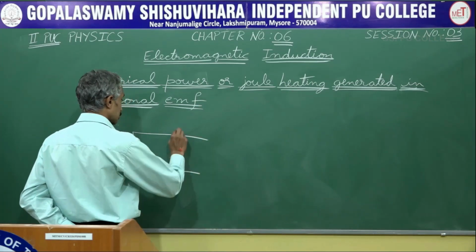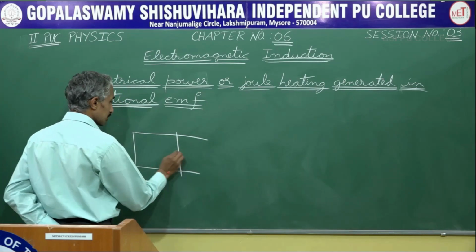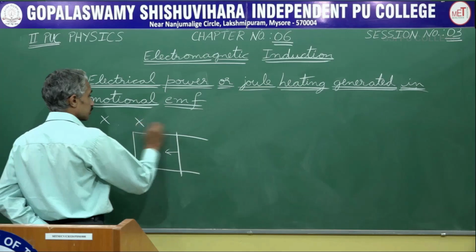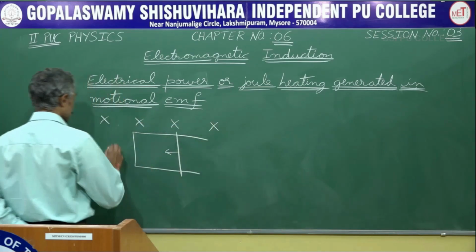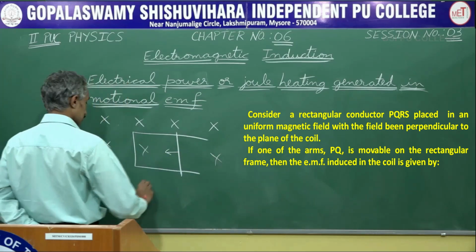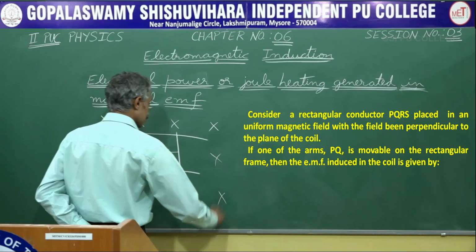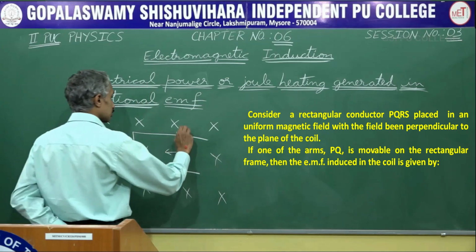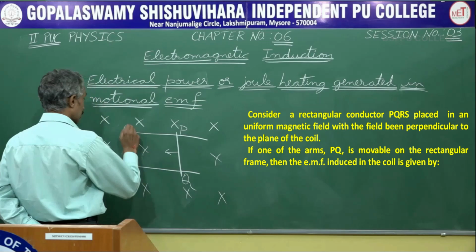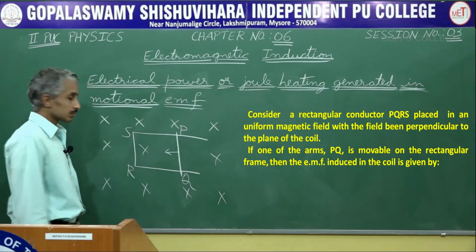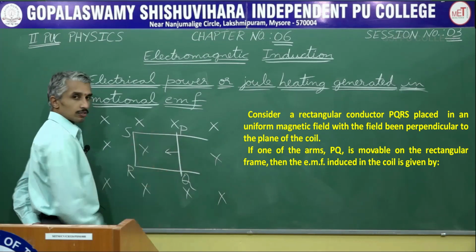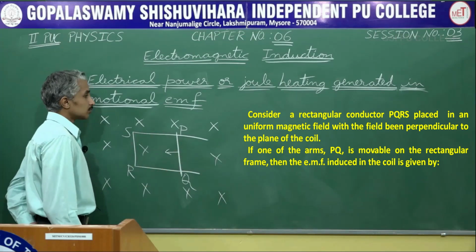of which one arm is movable. Let this be placed in a uniform magnetic field. We will label this as P, Q, R and S. The arm PQ is movable on the rectangular frame or on the rectangular conductor.